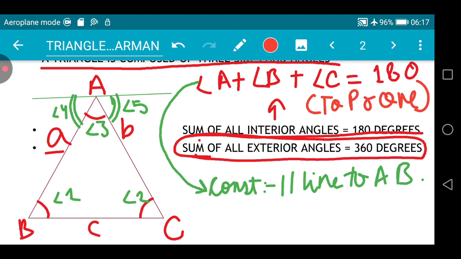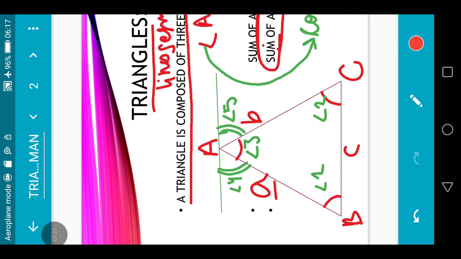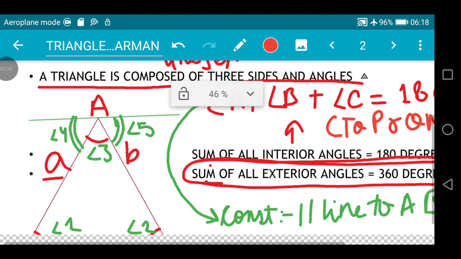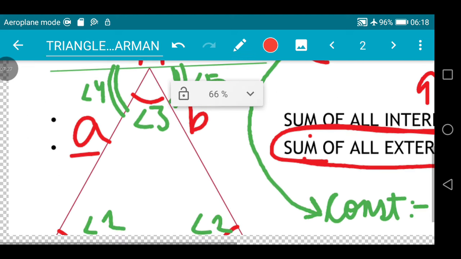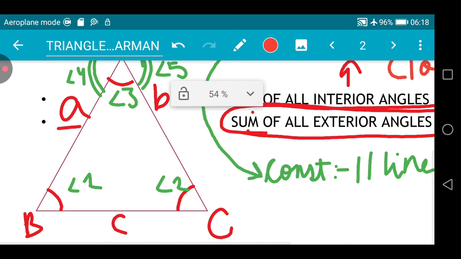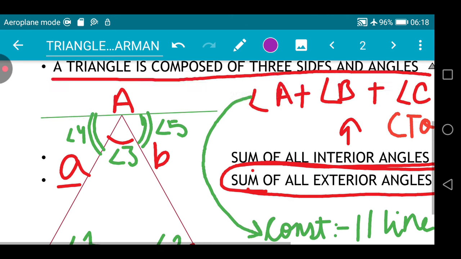So how will you prove it, how will you go? This can be a question, it can come for 2 marks. Usually it comes. So how will you do it? If I say these are parallel lines, so I can say angle 4 equals angle 1. Can I say that?